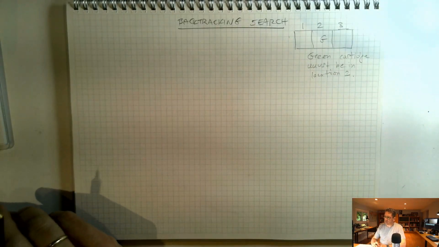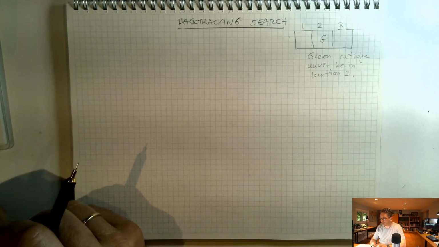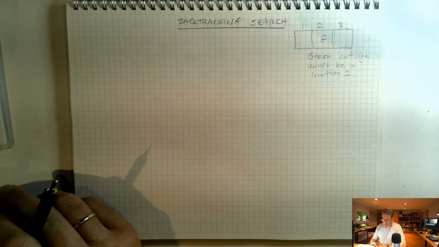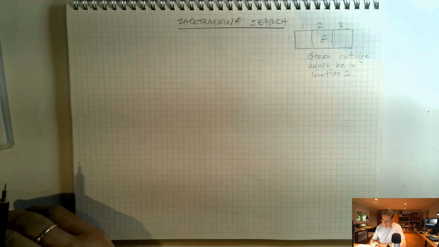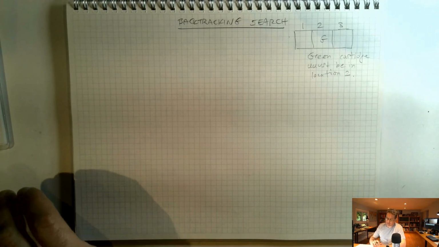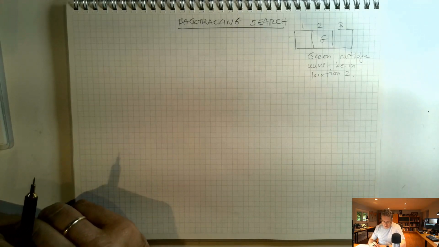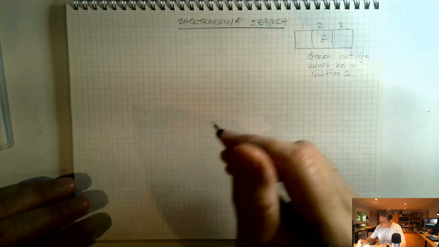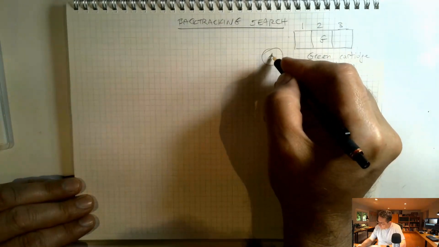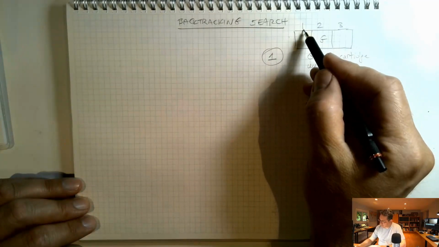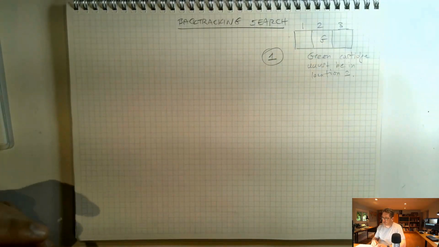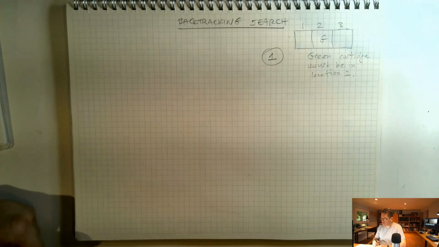And what we are going to do here is look at all possibilities starting from here and create, if you like, a tree, a graph that looks like a tree. The nodes of this tree will be the locations, either 1 or 2 or 3, and the edges will represent assignments to those locations.